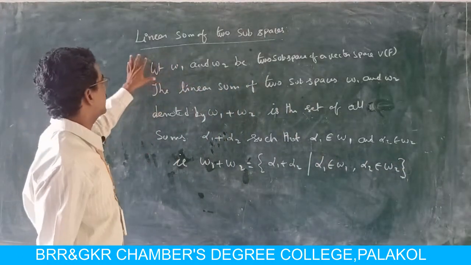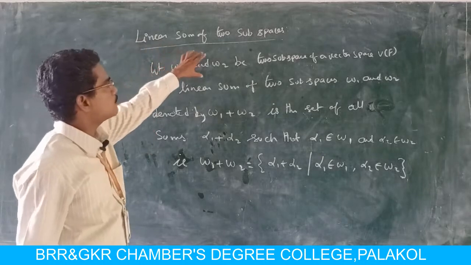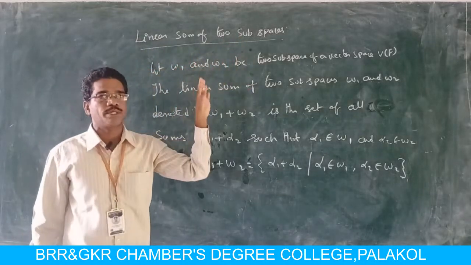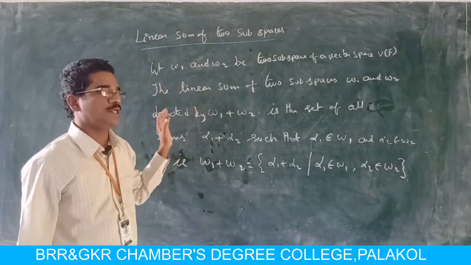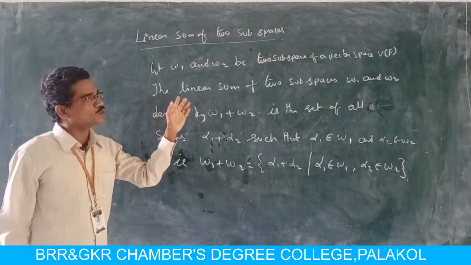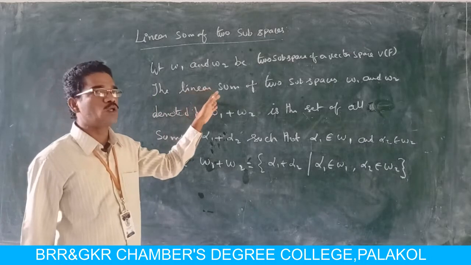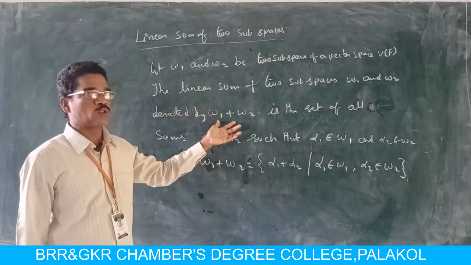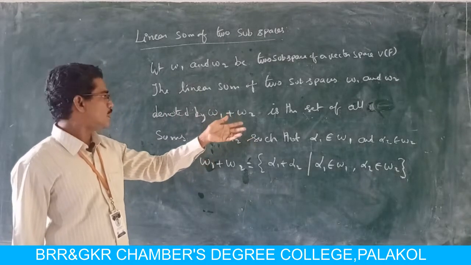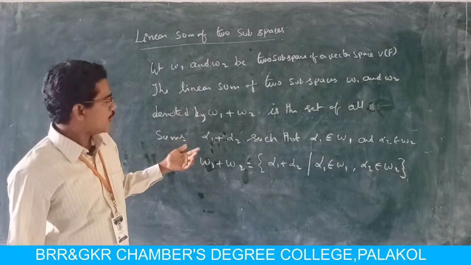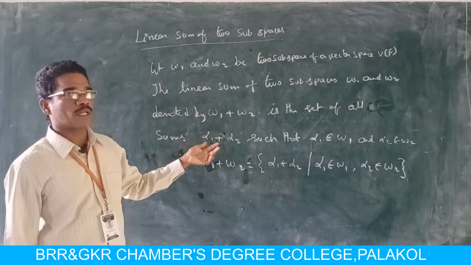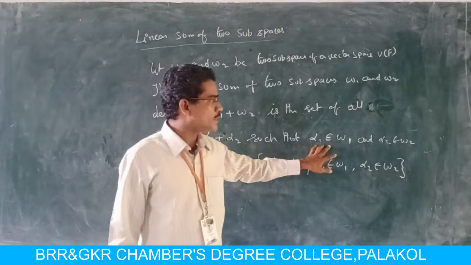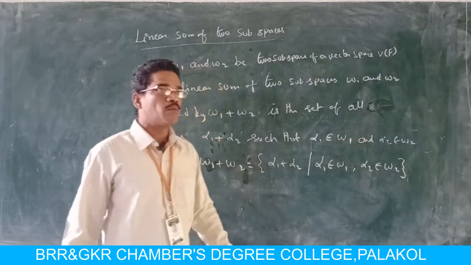Now once again, let W1 and W2 be two subspaces of a vector space V of F. Then the linear sum of two subspaces W1 and W2, denoted by W1 plus W2, is the set of all sums alpha 1 plus alpha 2 such that alpha 1 belongs to W1 and alpha 2 belongs to W2.